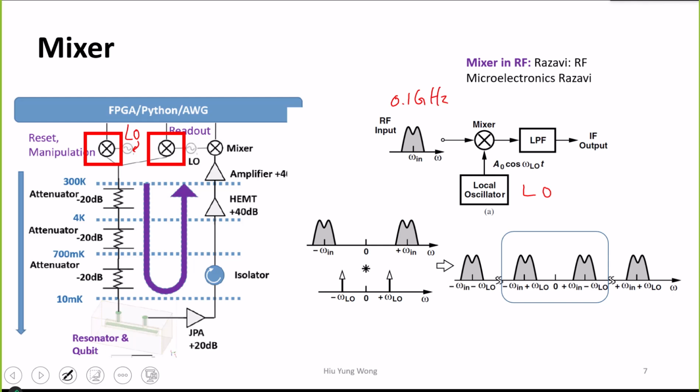This is not the case in RF case, okay? But now I use our case. I have a signal that is 0.1 gigahertz. And this is 5 gigahertz, for example. What a mixer does is actually going to create two frequencies.